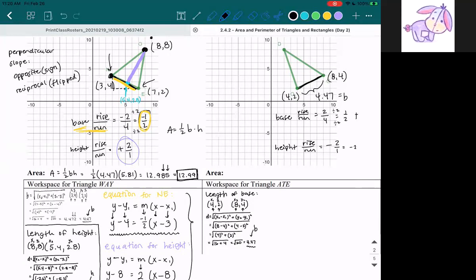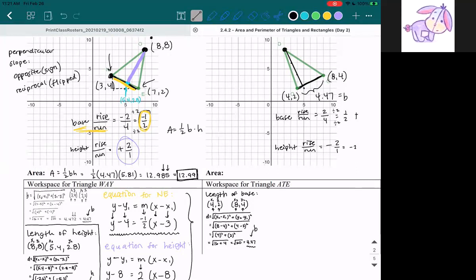But for the sake of our slope, we're going to just have it as a fraction, negative 2 over 1, which means you want to go down 2 and right 1. So let's go to the farthest point, which is D. I'm going to go down 2, right 1, down 2, right 1, and down 2, right 1. I shall connect those 3 dots. Okay, so that is our height.